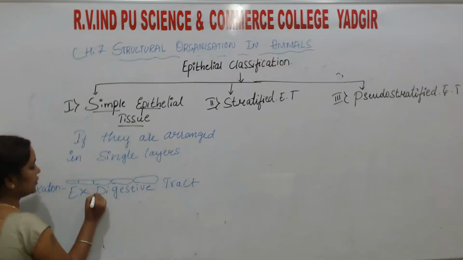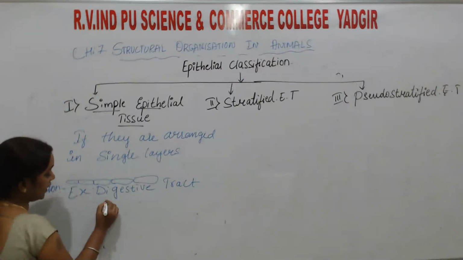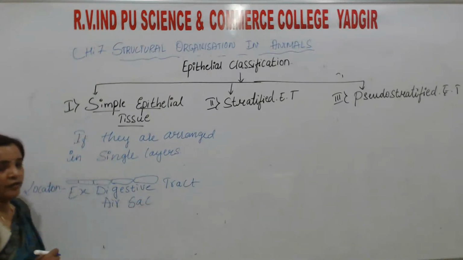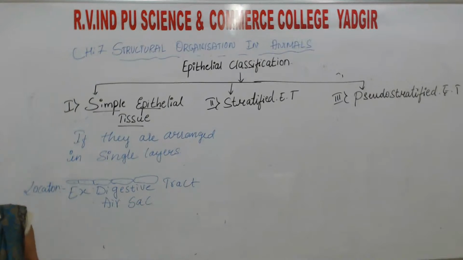Then after the digestive tract, air sacs, that is in the respiratory system we have alveoli. Alveoli are also lined by the simple epithelium.